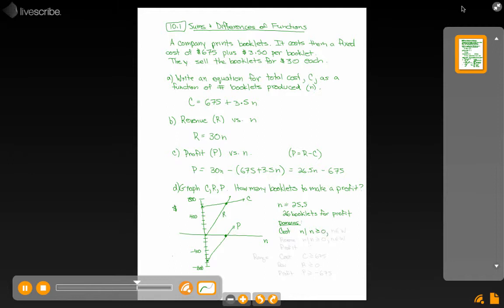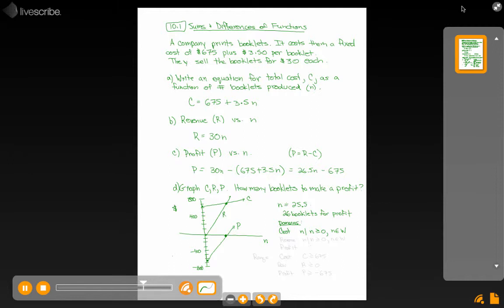One could argue that zero booklets doesn't really make any sense either, because why would you pay the $675 if you weren't going to print any booklets? But as long as you had n greater than or equal to zero, and then n doesn't need to be real numbers, because really decimals and fractions don't make any sense here, so you could say n needs to be whole numbers, and that would be a decent domain for cost.